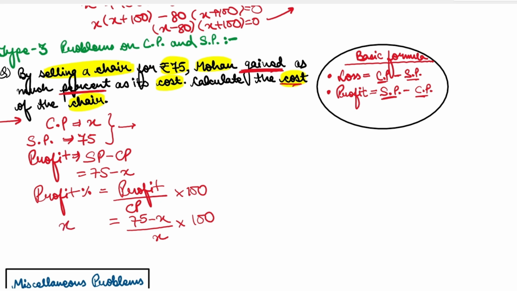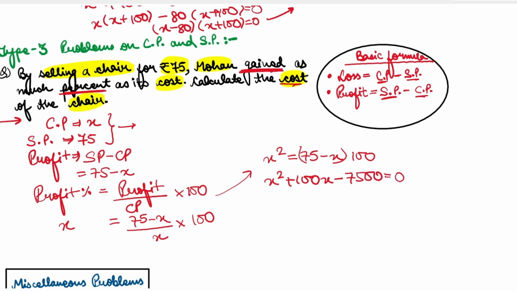Okay, so now we'll cross multiply it again. Okay, so we get it as x square is equal to 75 minus x into 100. Okay, so x square plus 100x minus 7500 is equal to 0.